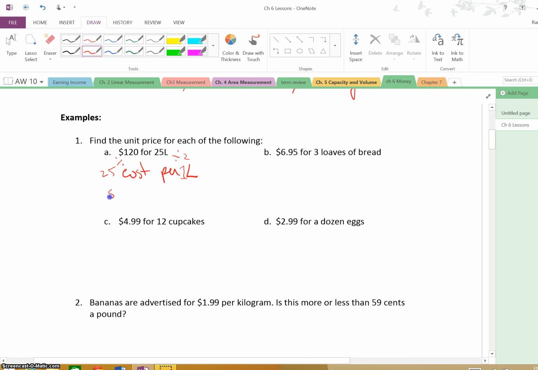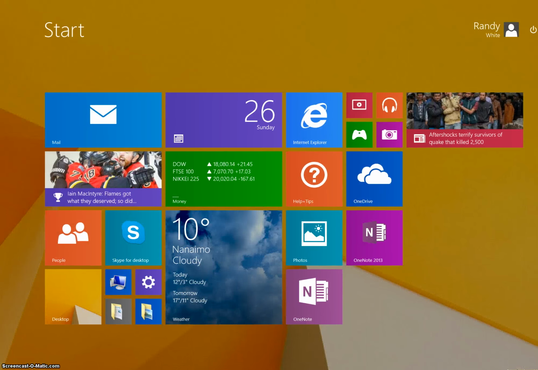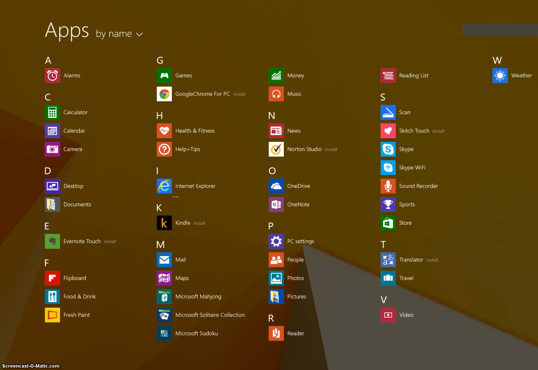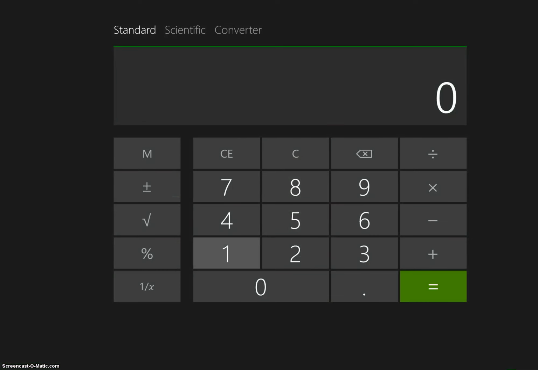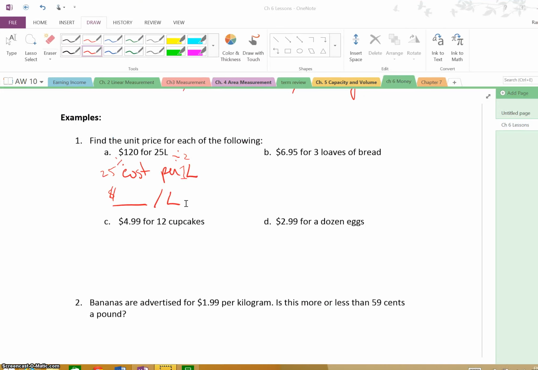So the cost per 1 liter: I will take $120, divide it by 25, so $4.80 per liter.